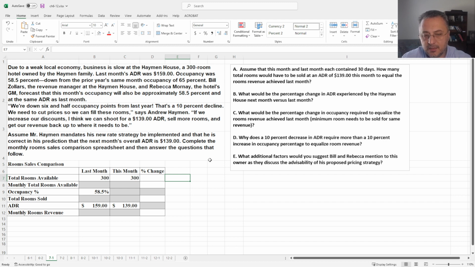The idea is, of course, we want to make more money, but these first questions focus on what is the minimum required to get at least last month's revenue, how many rooms you need to sell, what the occupancy is going to be, and what kind of changes. As usual, please try solving it yourself, and come back and we will solve it.